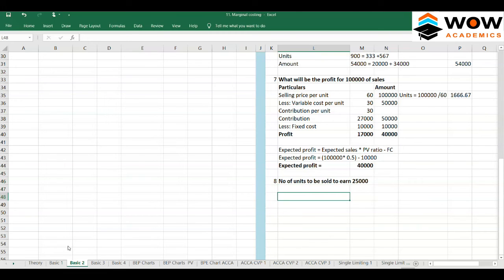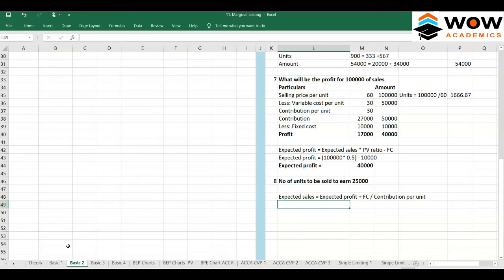Expected sales equals expected profit plus fixed cost divided by contribution per unit.